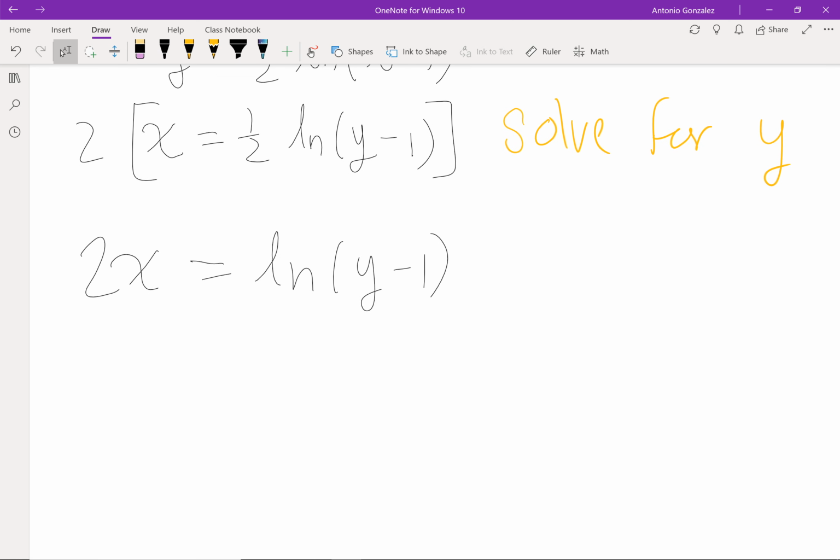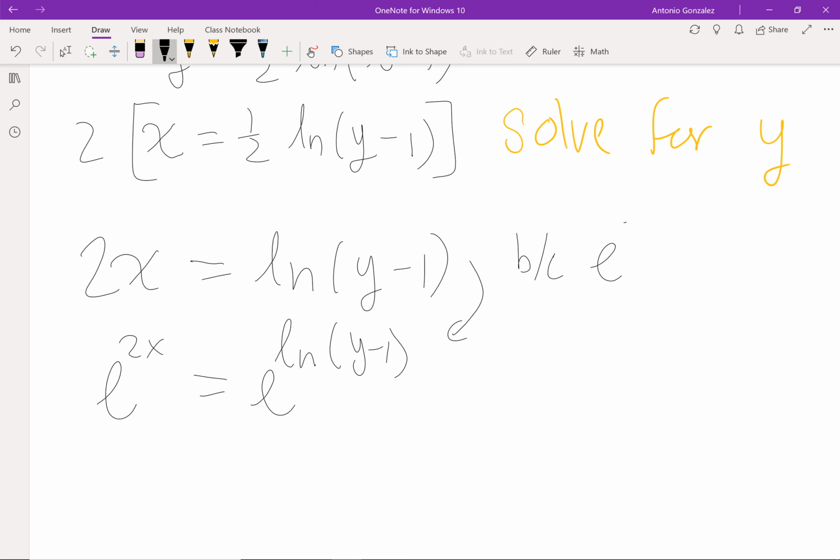All right. Now, since the exponential is a one-to-one function, what it amounts to is raising everything to the e power. If this is true, then this is also true, and the reason for that is because e to the x is one-to-one. Okay.